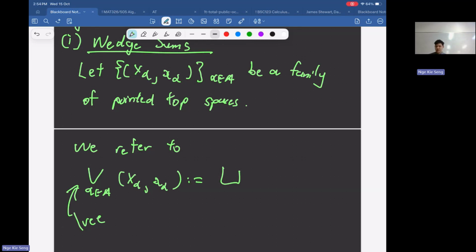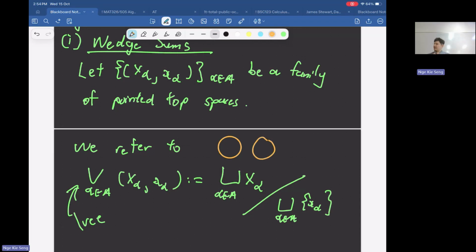So we take the disjoint union, meaning they have no connection between each other. They are not subsets of each other, and then we quotient out at exactly one point, at these pointed spaces. Do you know how to imagine this? Let's say I take two circles. I point, let's say, these two points here.